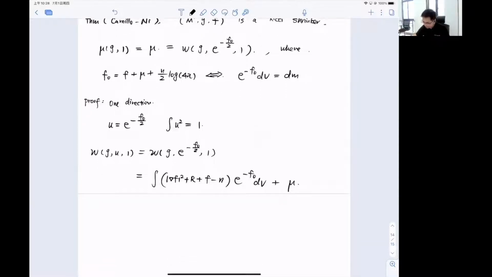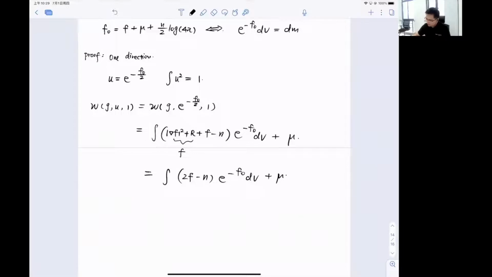Now we can use an identity derived last time. Notice that here gradient f squared plus R is just equal to f. So what we have here is the integral of 2f minus n times e to the negative f0 dV plus mu.